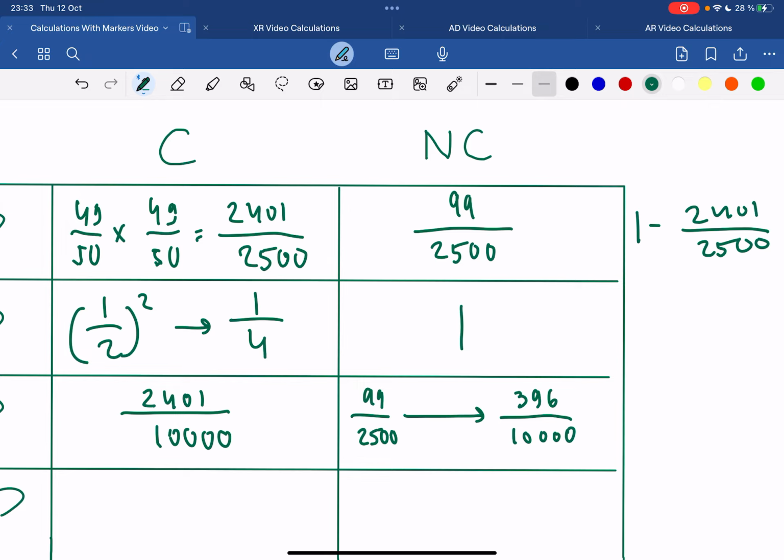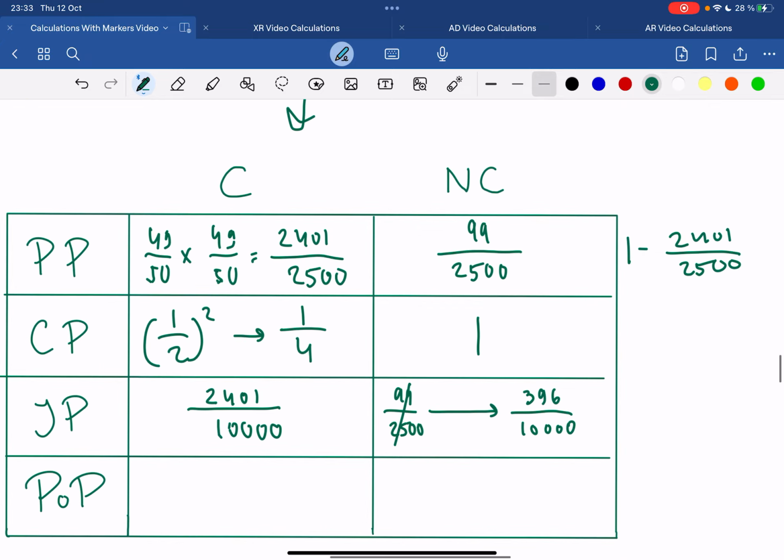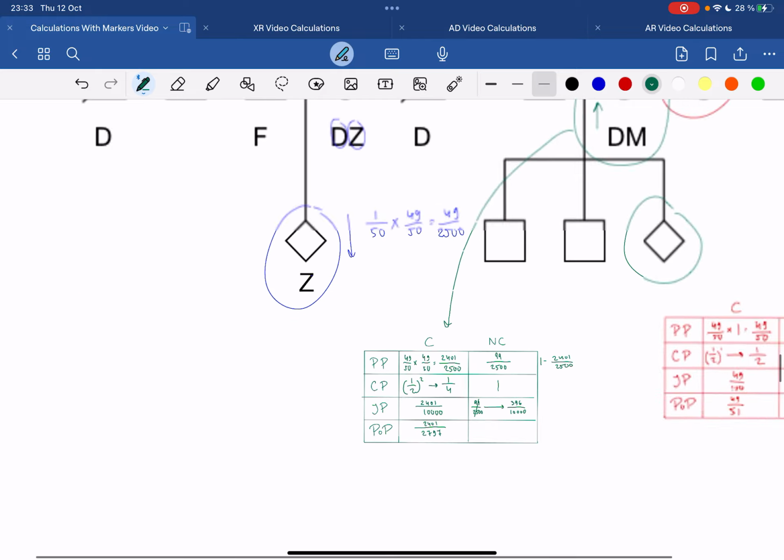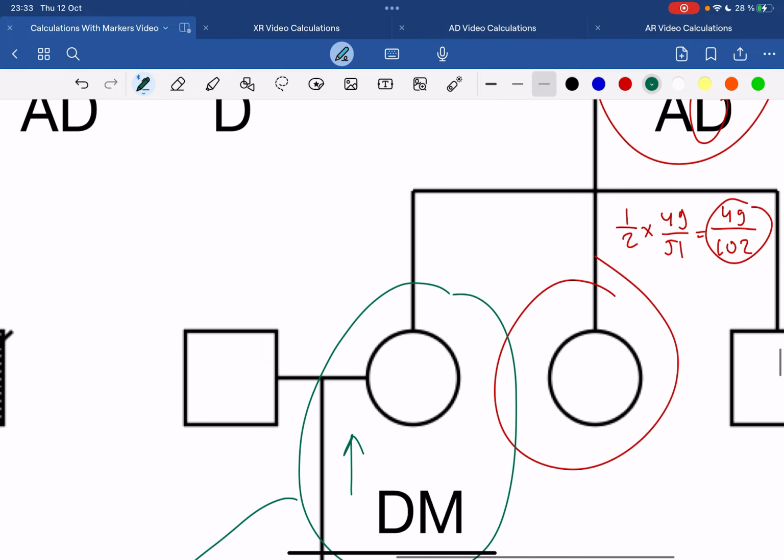So now we take the numerator for the top, 2,401, divided by this numerator plus this numerator. That is 2,797. And that is what we get for the chance for the mom to be a carrier.